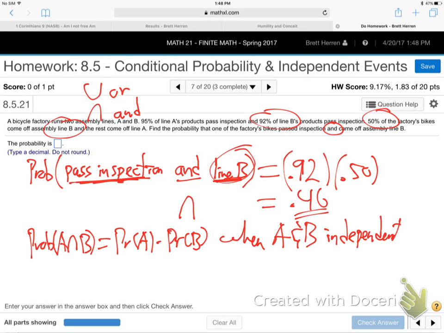Whenever they say probability of this and that, you should think, I bet I multiply them together if they're independent, and they are. Passing inspection and being off a certain assembly line are totally independent. So multiply those together: 0.46. So "and" means multiply together. It's overlap.